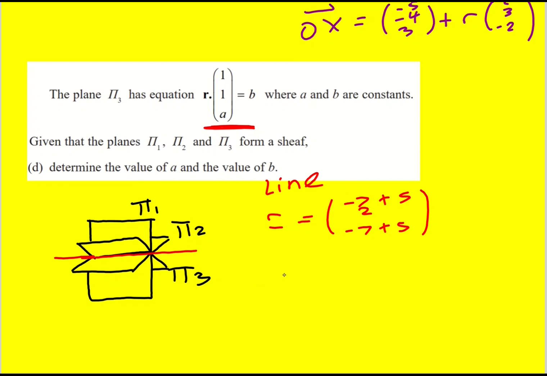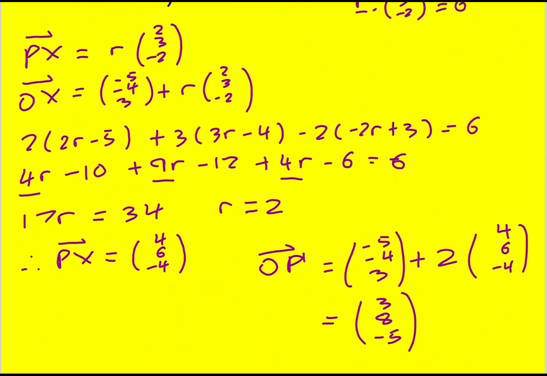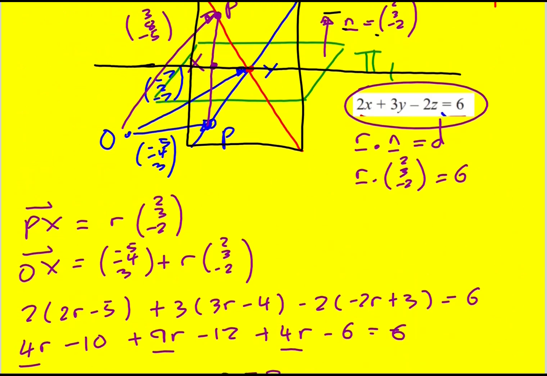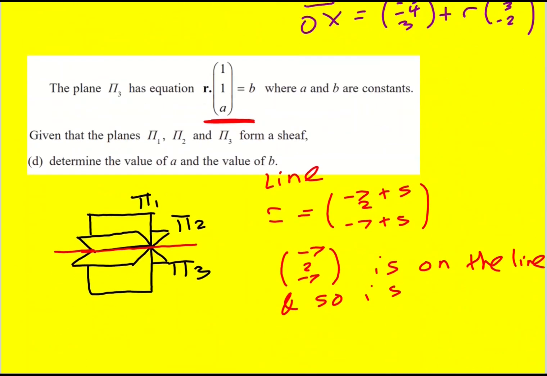I know that (-7, 2, -7) is on the line, and so is, we had that one before, OX. OX is also on the line. So OX was (-1, 2, -1).